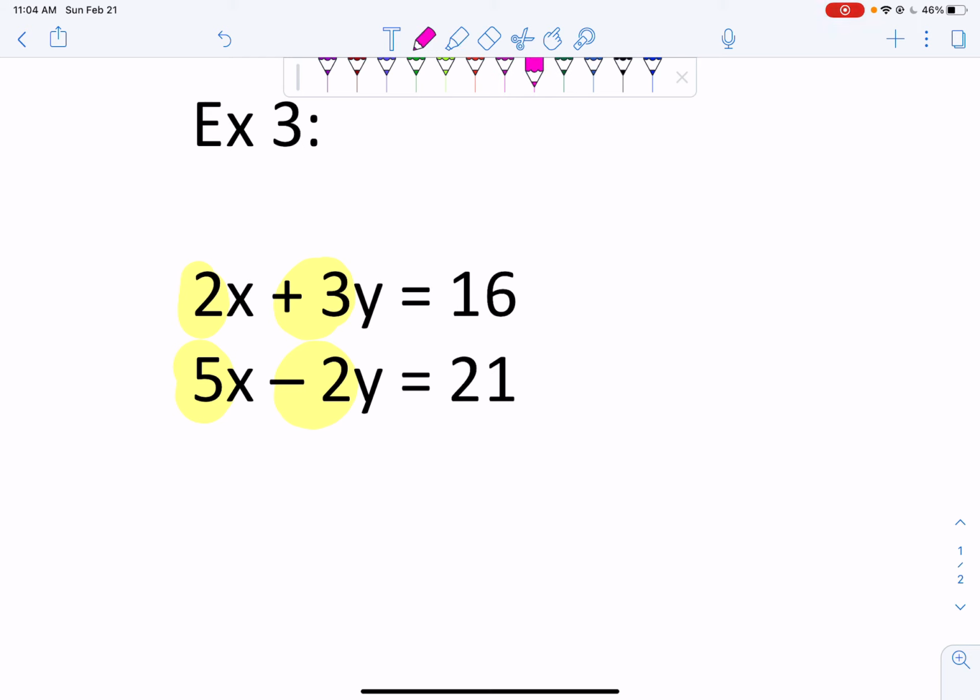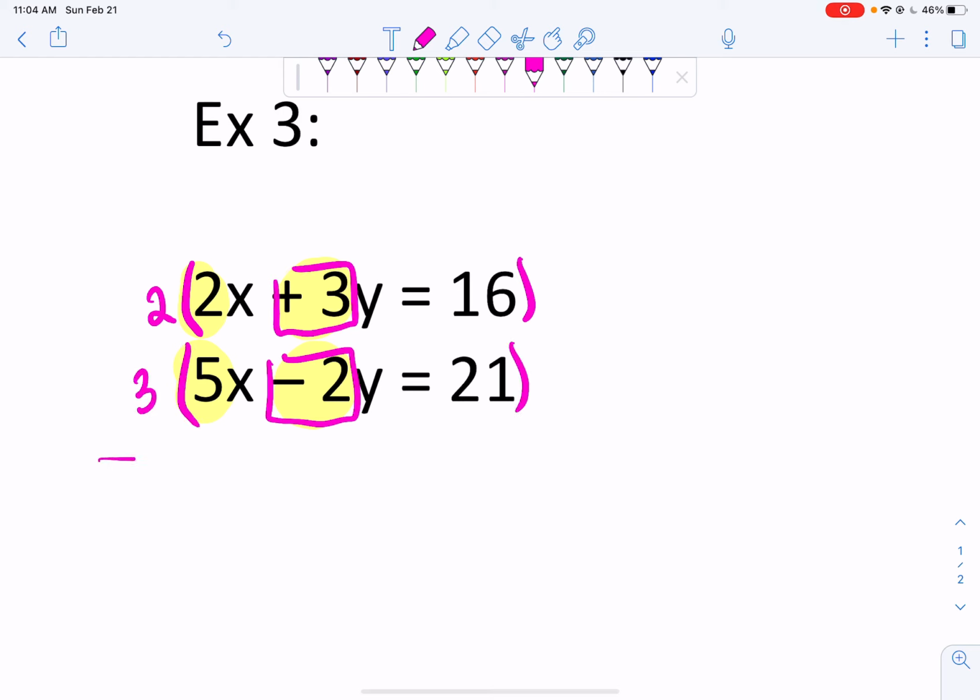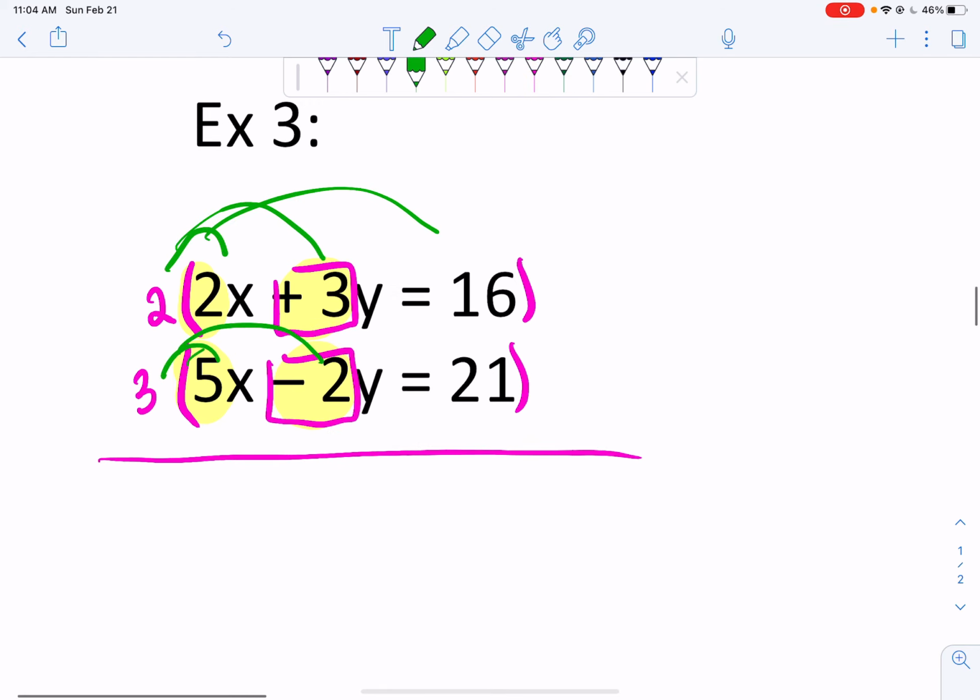So when I eliminate my y's, I'm going to multiply my first equation by 2, because that's what's attached to this y. I'm now going to multiply my second equation by a 3. The reason why I'm not multiplying by a positive or a negative is because one of them is already a negative. So I now distribute my 2 to each term, and then I distribute my 3 to each term.